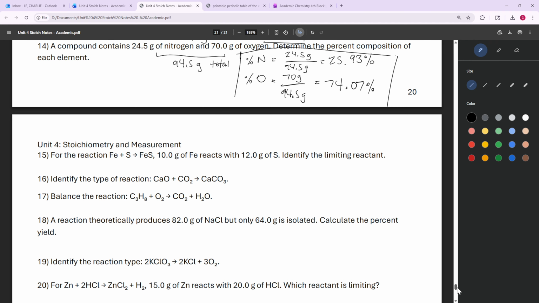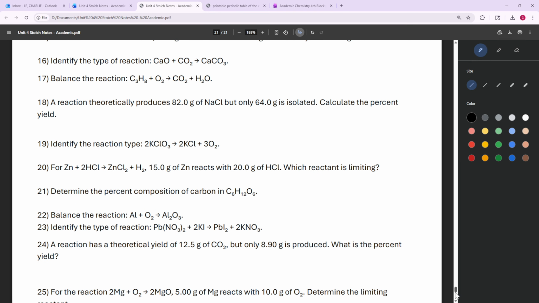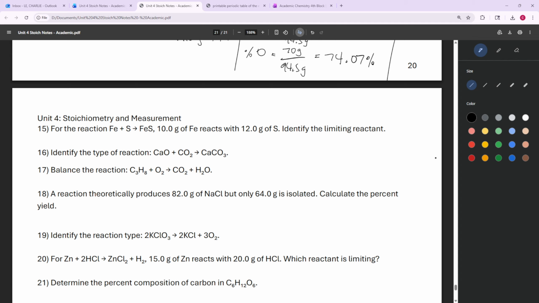All right, for the next page. 10 grams of iron react with 12 grams of sulfur. Identify the limiting reactant. Because it's a 1-to-1 ratio, here's what I'm going to do. I'm just going to convert each of these to moles. So 10 divided by 55.85, that's 0.18 mole. 12 divided by 32, that's 0.375 moles of sulfur.